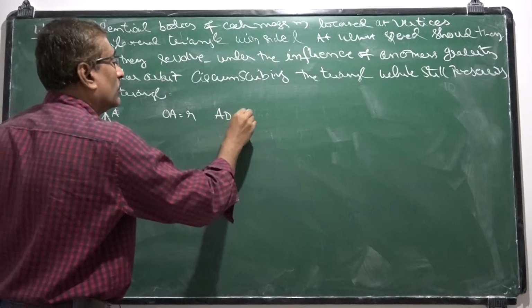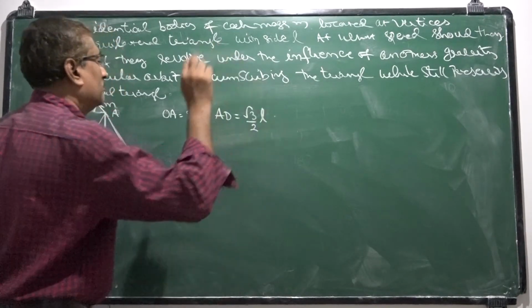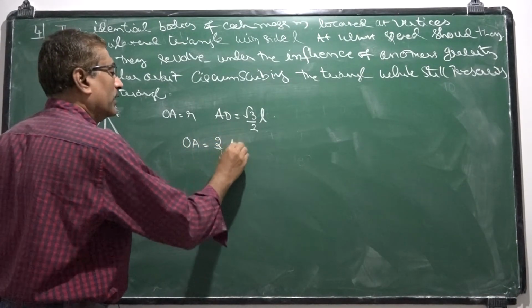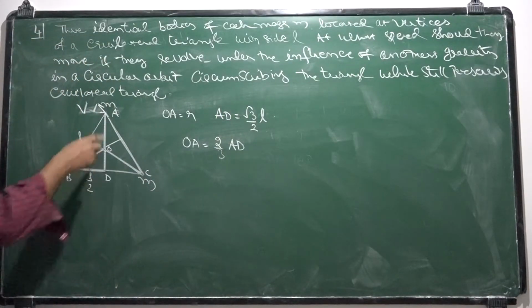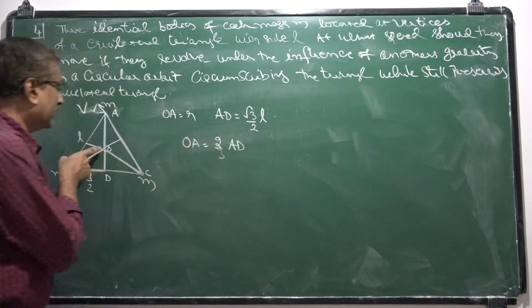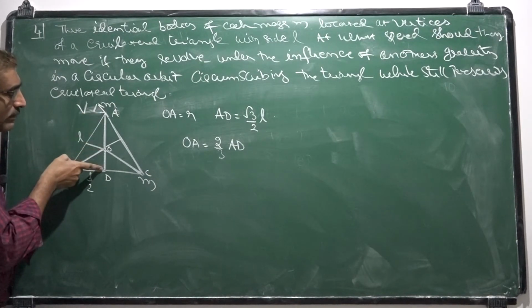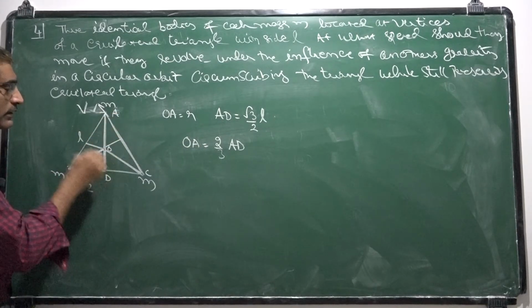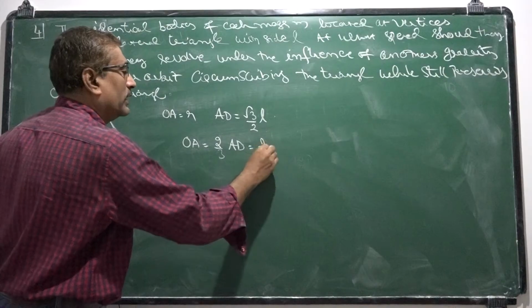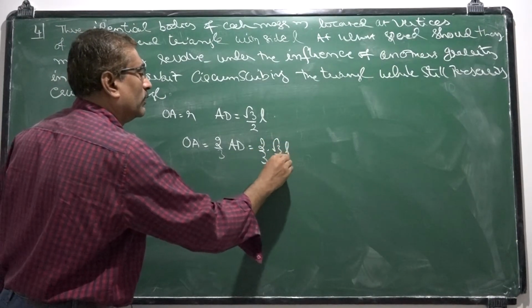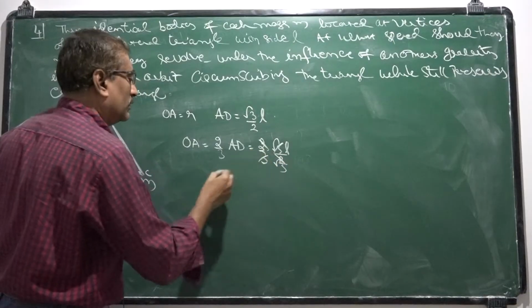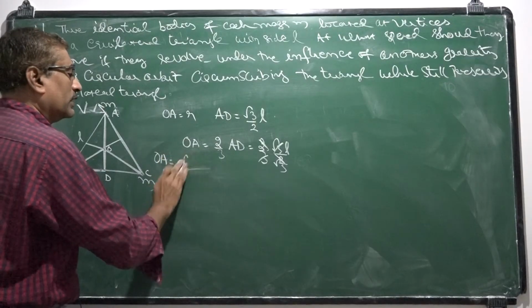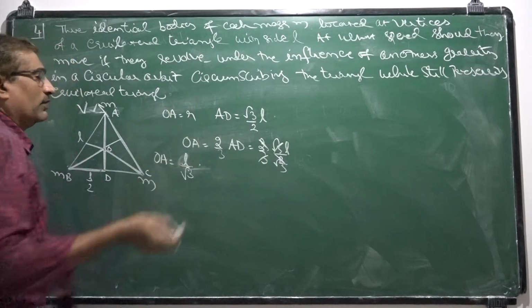So AD is equal to root 3 by 2 into L. But OA is equal to 2/3 of AD, as you know the centroid divides the median in 2:1 ratio, so this is 2/3, this is 1/3. So 2/3 into root 3L by 2, so OA is equal to L by root 3. Okay, this we can calculate.